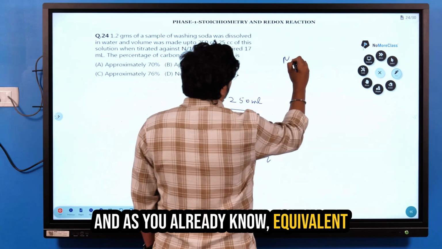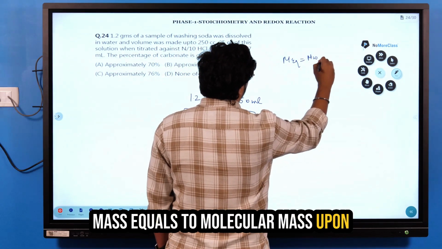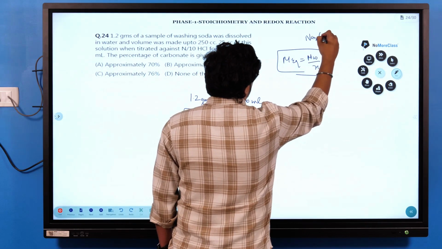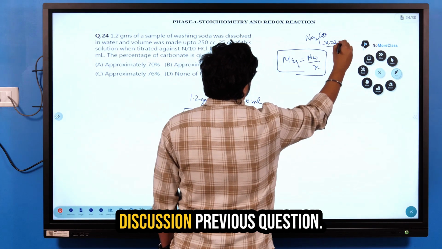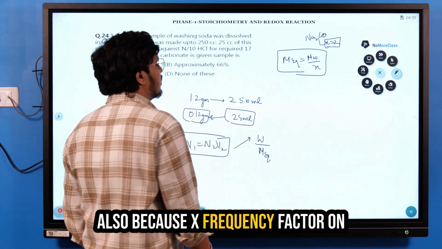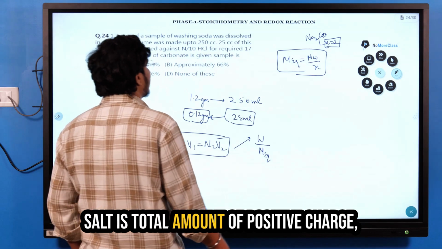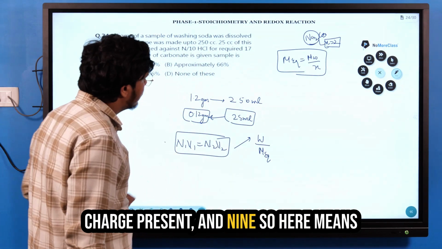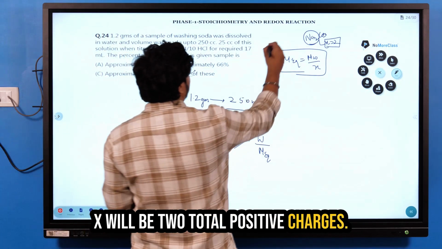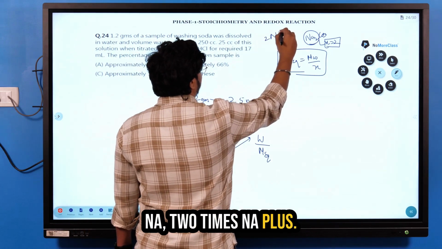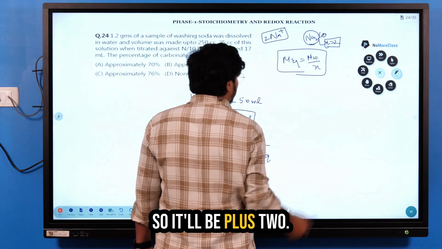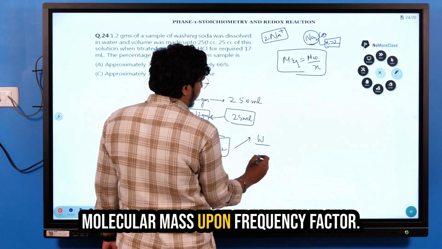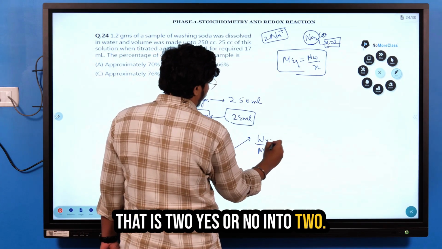And as you already know, equivalent mass equals molecular mass upon the valency factor X. For Na₂CO₃ the X value is 2, as we have discussed in the previous question, because the valency factor in a salt is the total positive charge on the cation or the total negative charge on the anion. So here X will be 2, the total positive charge, 2 times Na plus. We can put the equivalent mass here as molecular mass upon valency factor, that is 2.